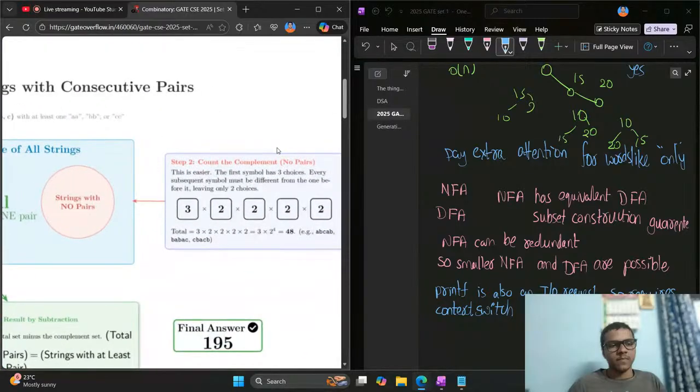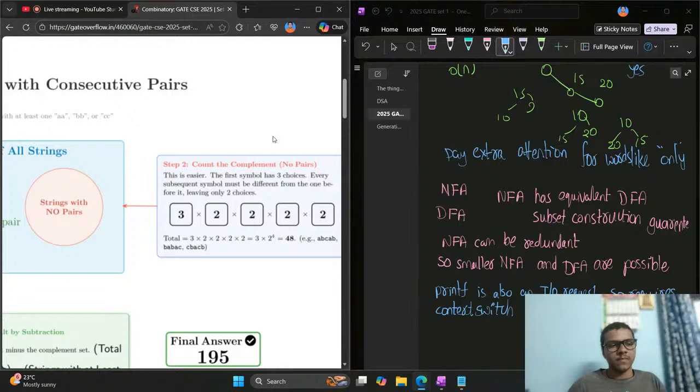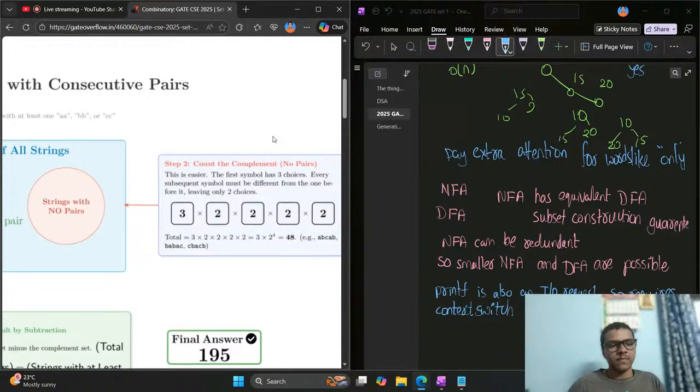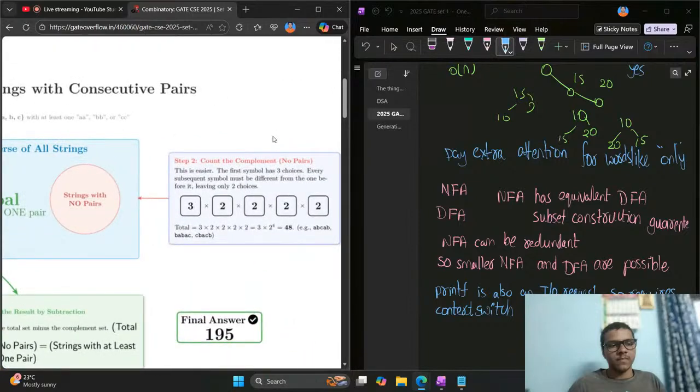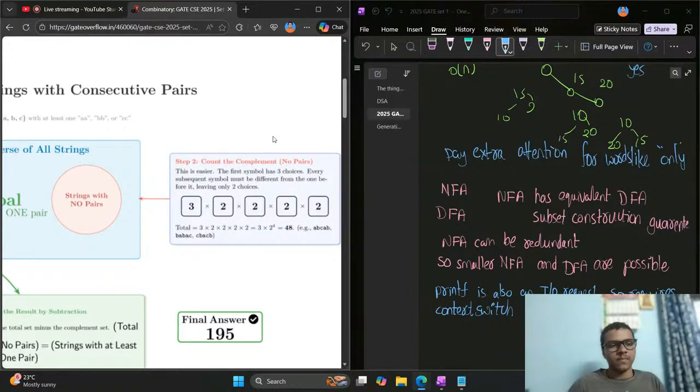Complement. This is easier. The first symbol has three choices. Every subsequent symbol must be different from the previous one.